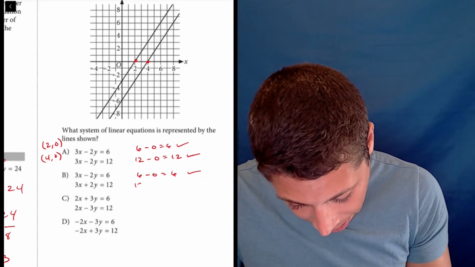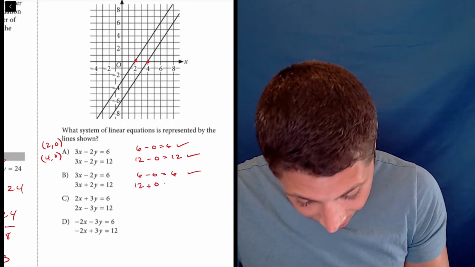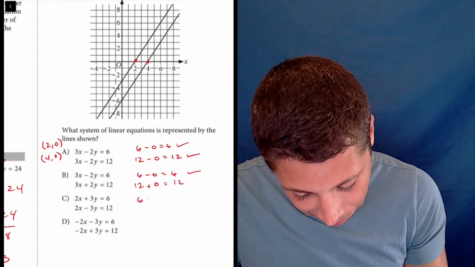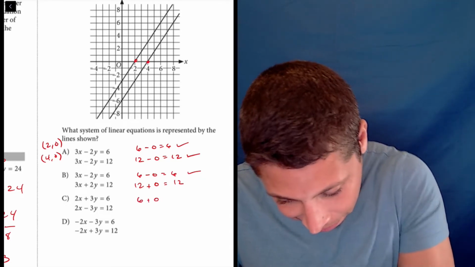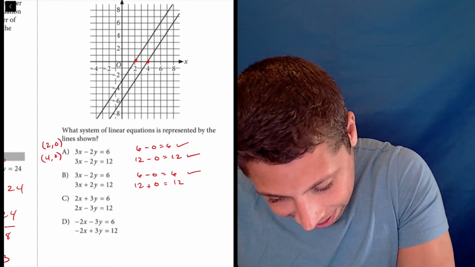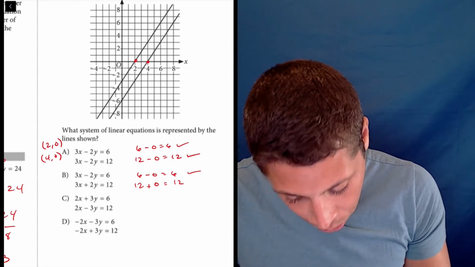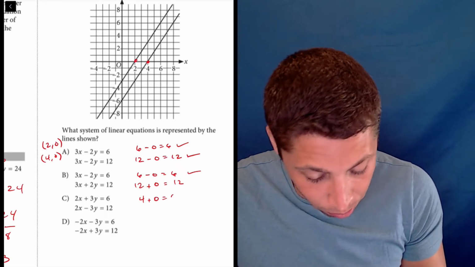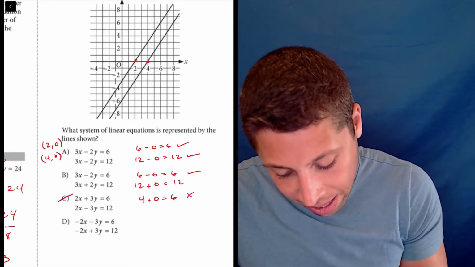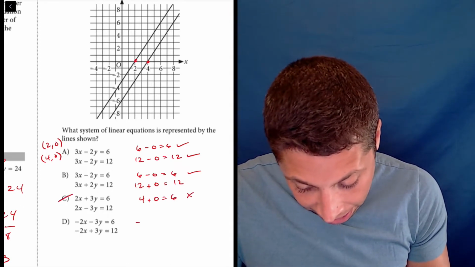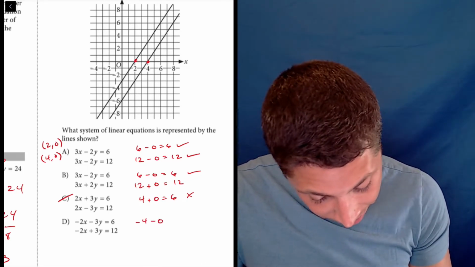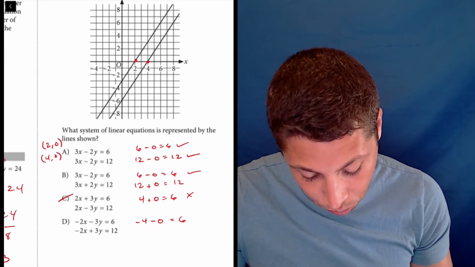And then this would be 12 plus 0, and that still works. Ugh, this is going to work for all of them, isn't it? Oh, no. Right, so this is going to be 2 times 2 is 4. 4 plus 0 is not 6, so this does not work. And then negative 4 minus 0 is 6, so that doesn't work either.